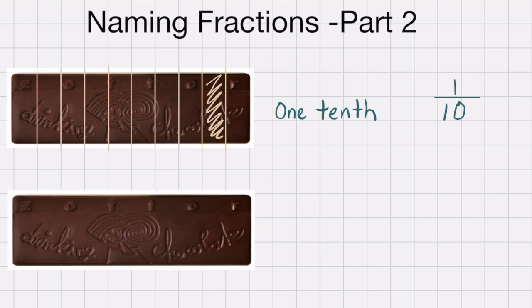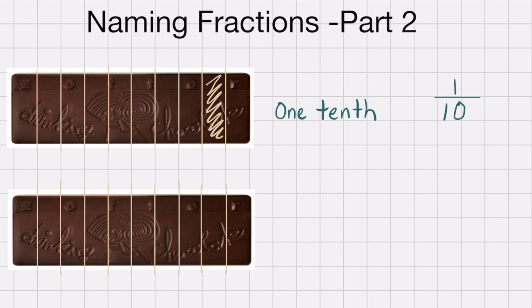In this example, we're going to look at what 1/20 would look like. So that's 10 equal pieces, and if I want to make it into 20, I'm going to cut them all in half again. And now I've got 20 equal pieces. 1, 2, 3, 4, 5, 6, 7, 8, 9, 10, 11, 12, 13, 14, 15, 16, 17, 18, 19, 20.